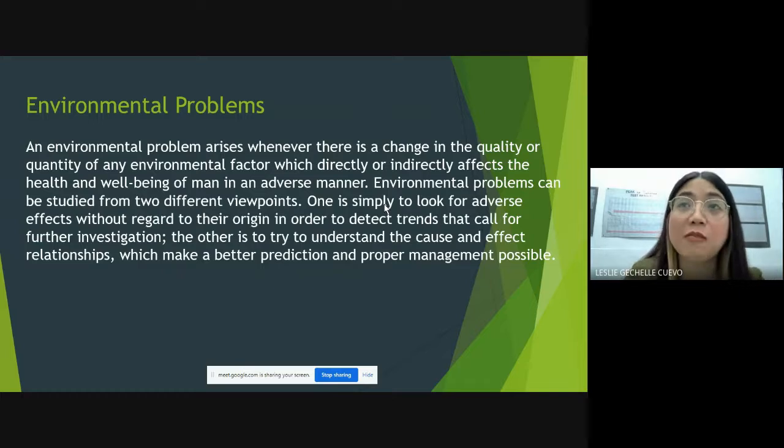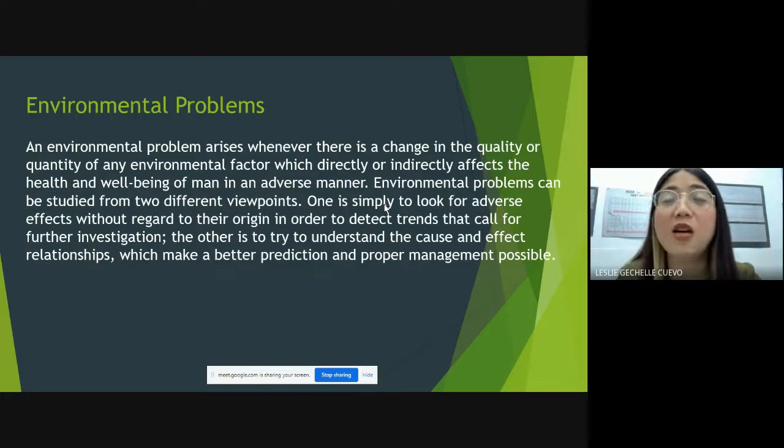Hindi mo na inaalam yung cause, kung saan siya galing, basta yung effect na lang ang inaalam mo. And then the other is to try to understand the cause and effect. Yung mula sa origin niya, saan siya nagmula, paano siya nabuo. And the cause and effect relationships which make a better prediction and proper management possible.